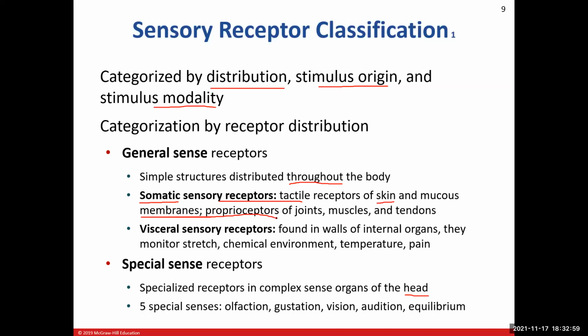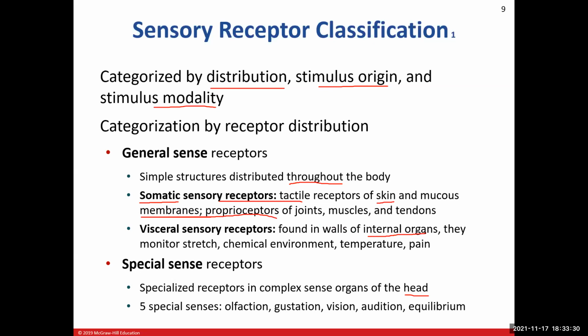Now, the visceral sensory receptors, you won't have conscious perception of the visceral sensory receptors. The sensory input that they're transmitting, we don't know. These are going to be found in the viscera. What's that? The internal organs there. And so these sensory receptors are going to monitor stretch, for example, like your stomach or blood vessels. When you get an increase in blood pressure, the blood vessels will start to stretch.